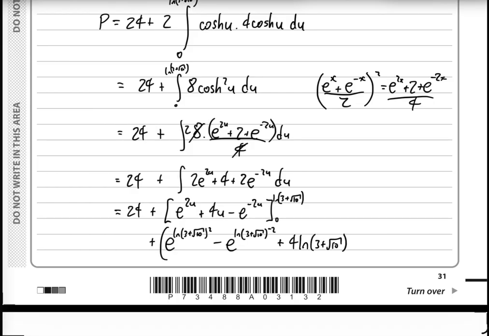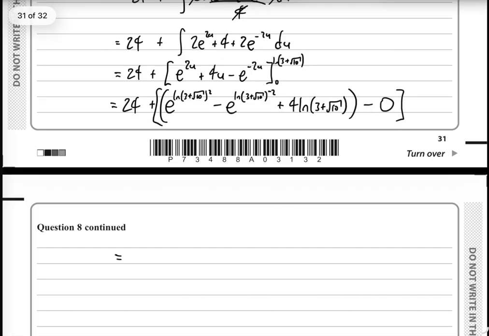That's the first limit only. But then the second limit, e to the 0 is a 1, minus e to the 0 is gone. And then if u is 0, the 4u is also 0, so that's just 0. Like so. 24 is still there. So the e's and the logs cancel, making it slightly easier.